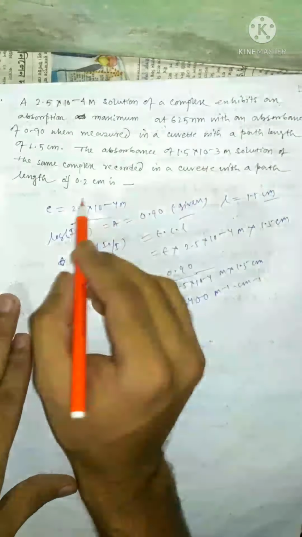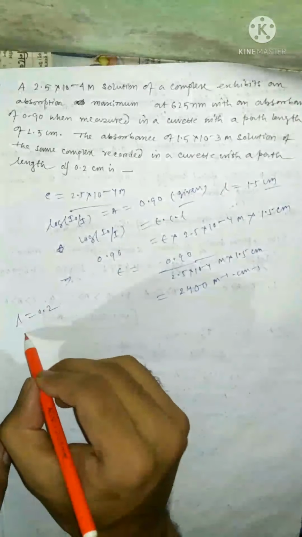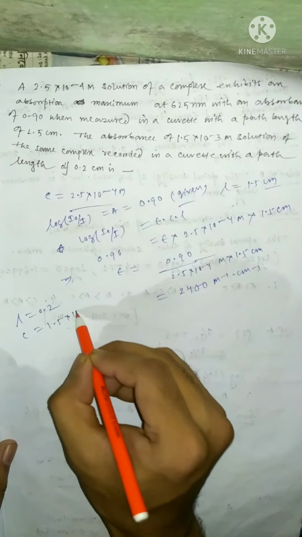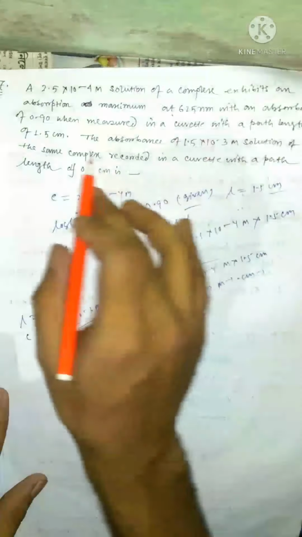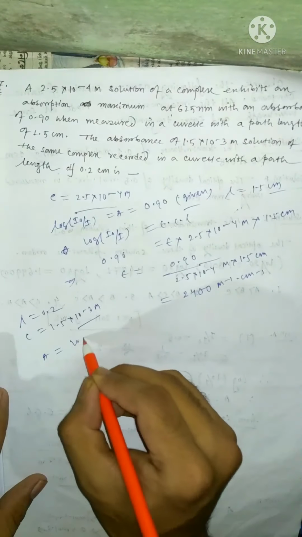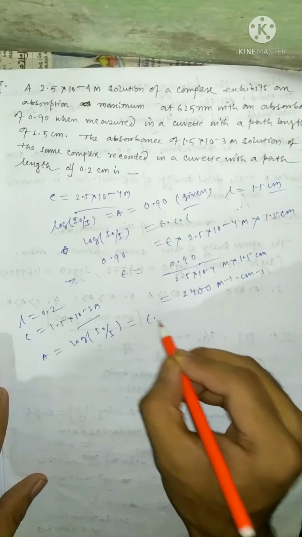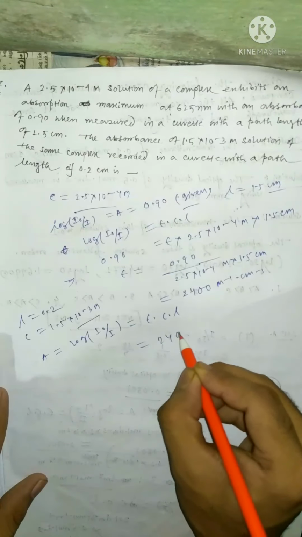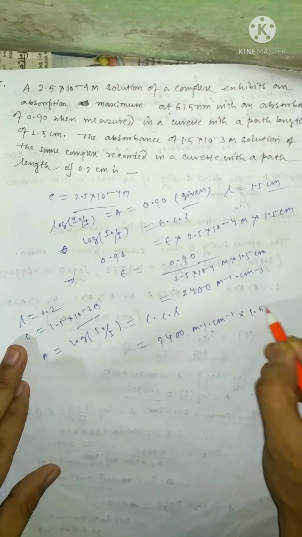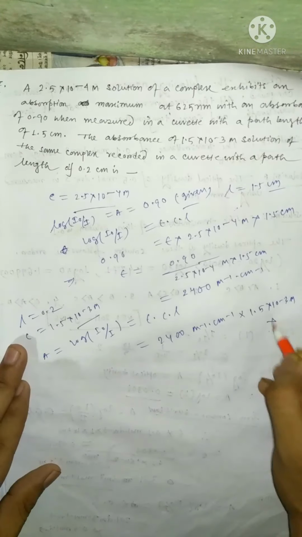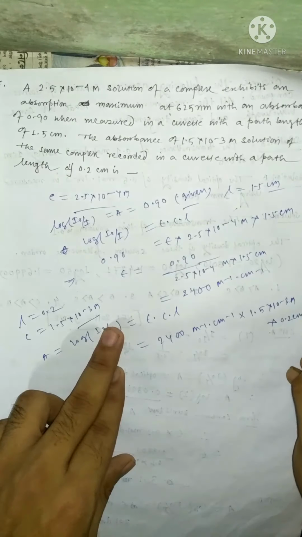Now here the cell is 0.2 and the concentration is 1.5 into 10 to the power minus 3 molar. So absorbance A equals log I naught by I equals epsilon CL, epsilon in molar inverse centimeter inverse, concentration 1.5 into 10 to the power minus 3 molar and L 0.2 centimeter.